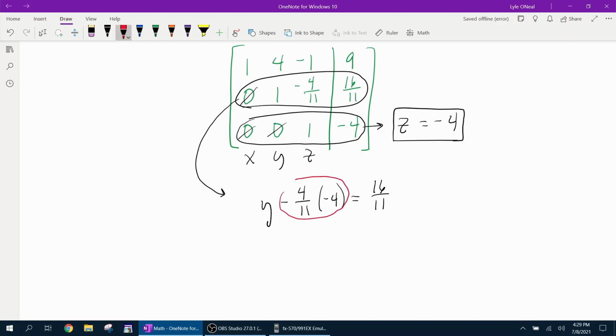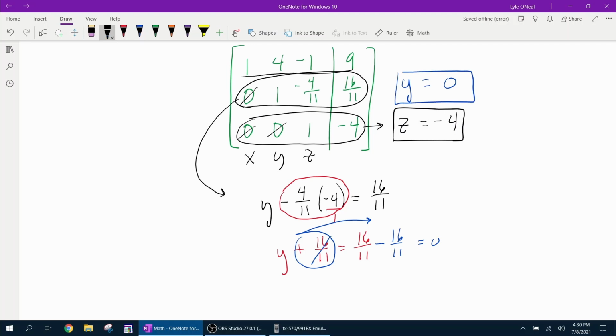So doing this multiplication, negative times a negative, that's going to make that a positive 16/11 equals 16/11. And then if I move that to the other side, that's going to make that minus 16/11. Well, and look at that. Anything minus itself is 0. So that's going to tell us that y is 0.